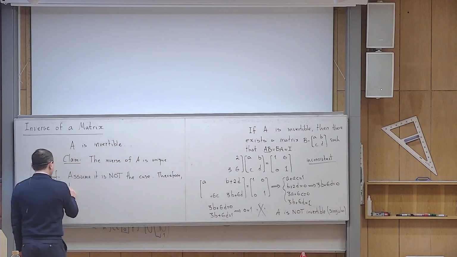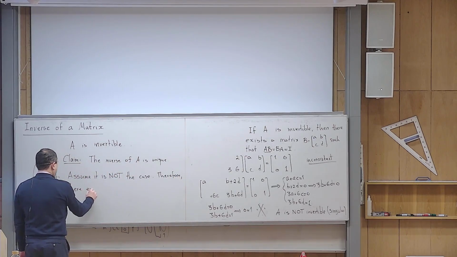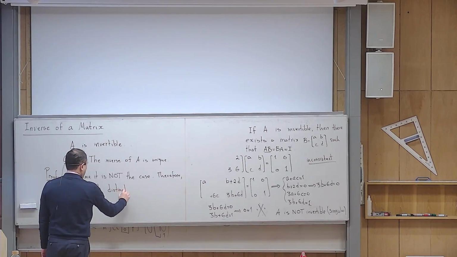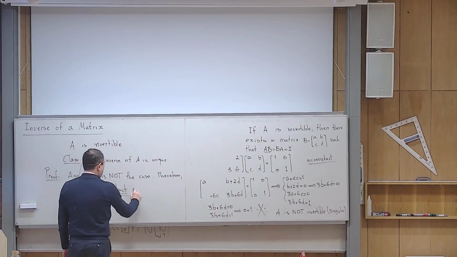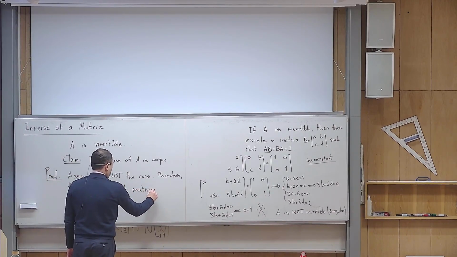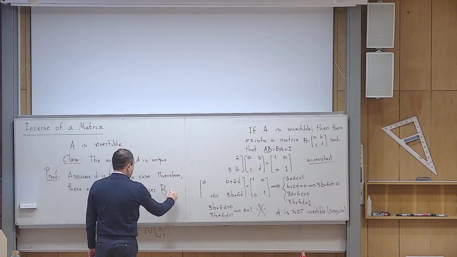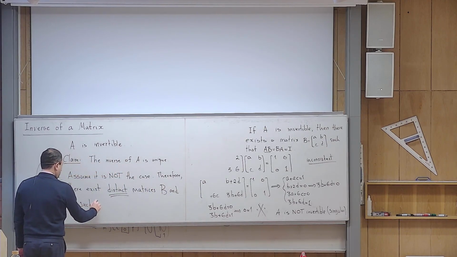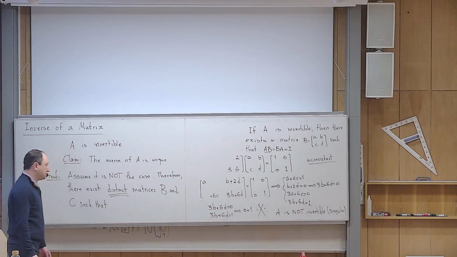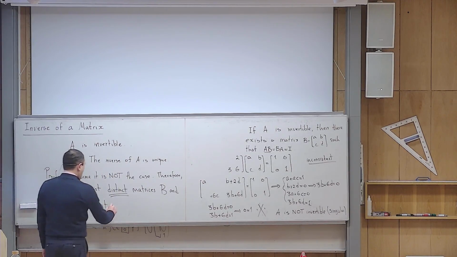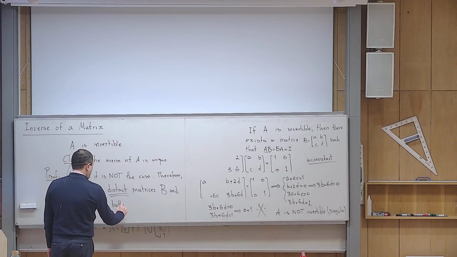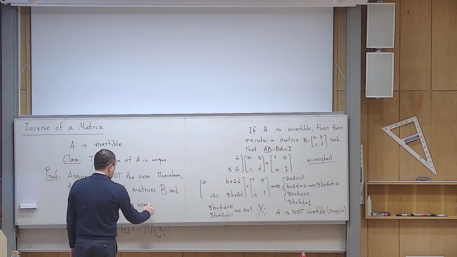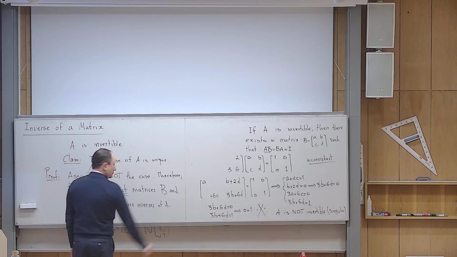there exist distinct matrices B and C such that both are inverses of A. Yes?